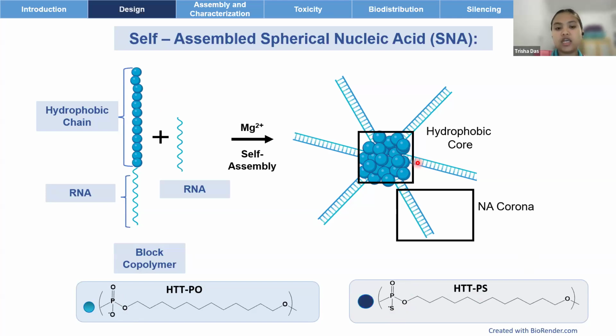Based on that, our results essentially show that maybe if it's a particle it is more efficient as compared to being just a monomer by itself. So that is one of our main ideas.